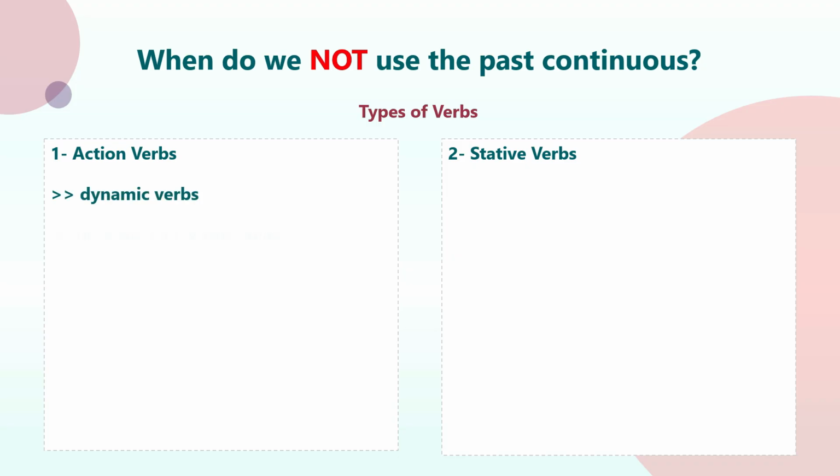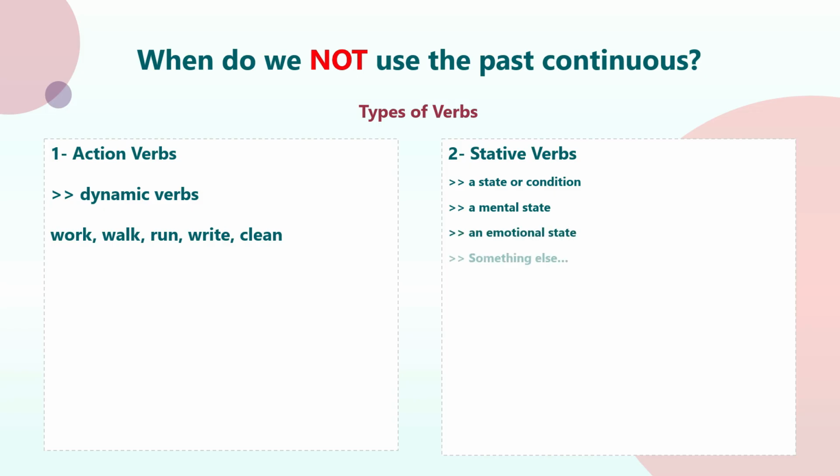These are verbs like work, walk, run, write, and clean. Stative verbs, on the other hand, describe a state or condition. This could be a mental state, an emotional state, or something else. Some stative verbs include know, own, hate, want, need, and many others.